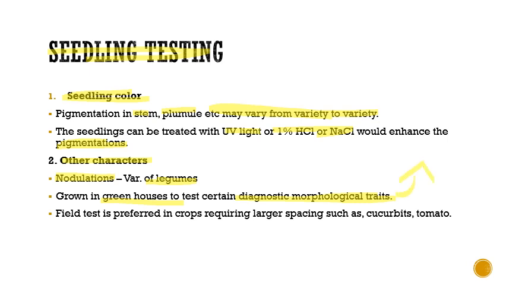However, the field test is preferred in crops requiring larger spacing such as cucurbits and tomatoes. So in crops requiring larger spacing, seedling testing in greenhouses is not preferred. Instead, they will go for a field test.